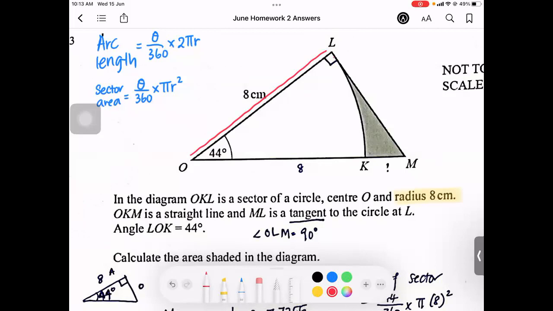If you look at the circle, only this portion is the radius. OK is 8. A lot of students will think OM is also 8. Sometimes during the exam they panic and take that one as 8. It's actually not correct. So whenever there is the word radius, you must be very careful.